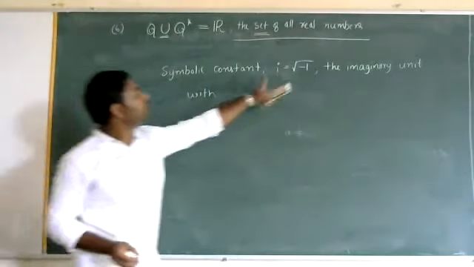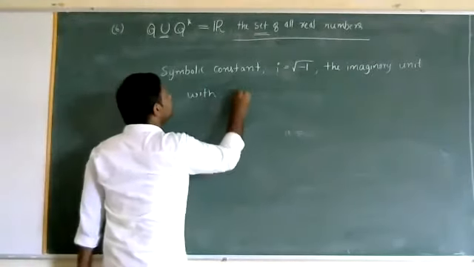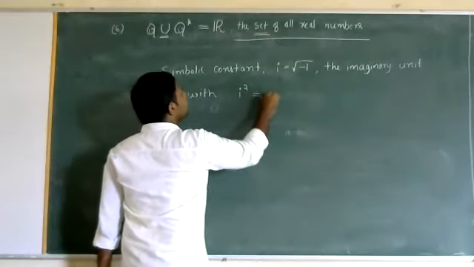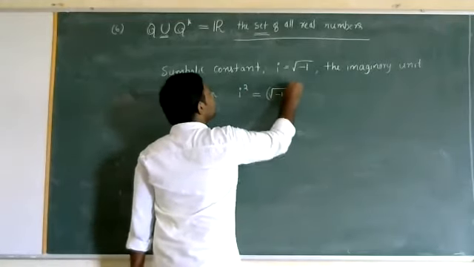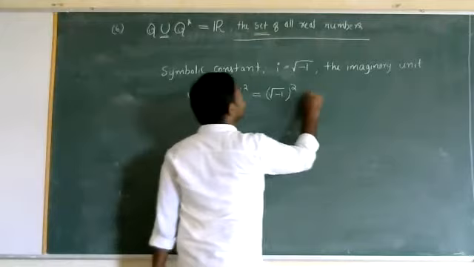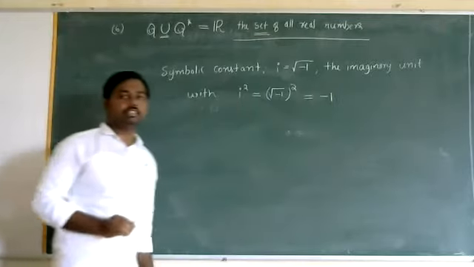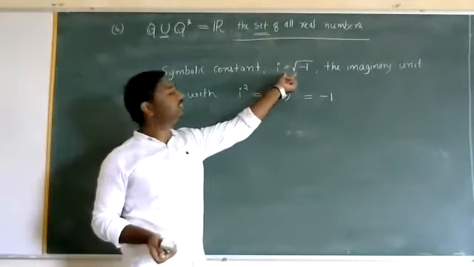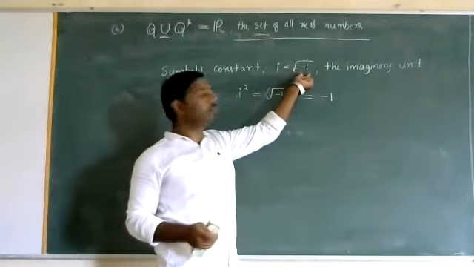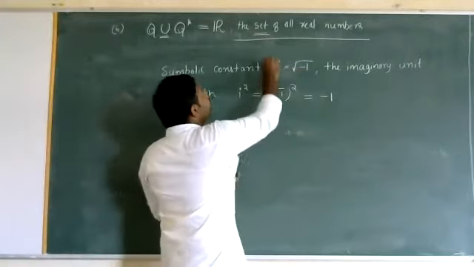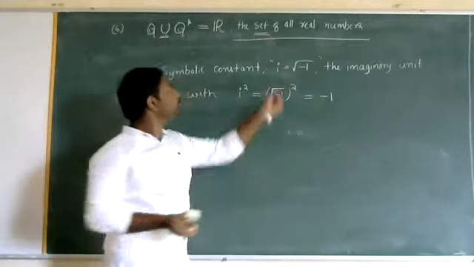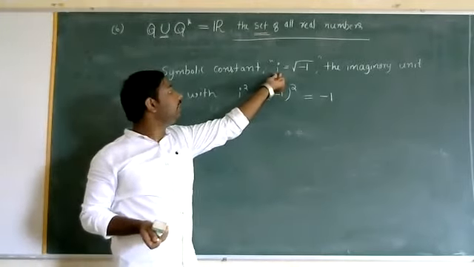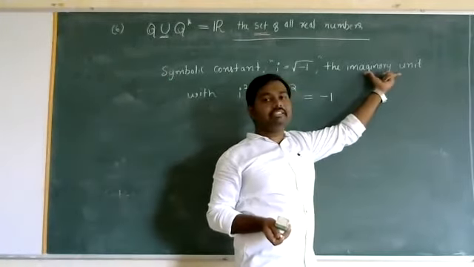With the property that if I square it on both sides, i square is square root of minus 1 whole square, that is minus 1. So we introduce a symbolic constant square root of minus 1 and we denote it by small i, and we call it the imaginary unit.